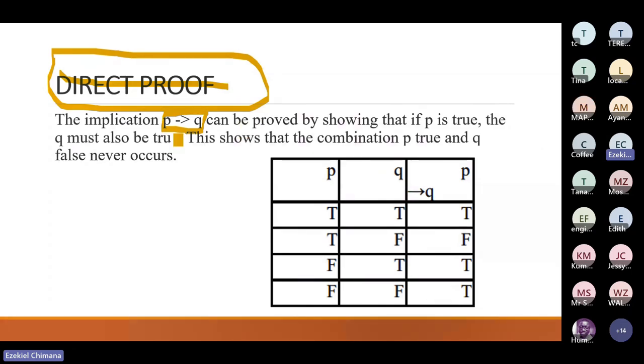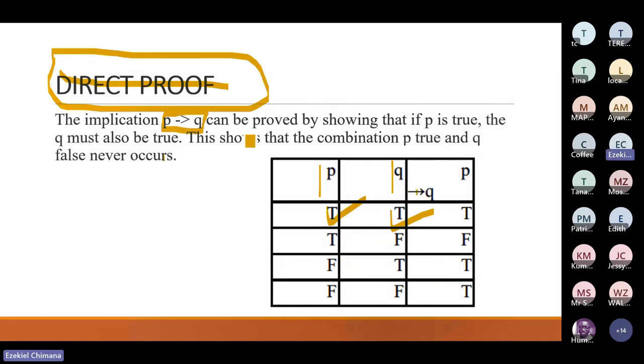So the implication, P implies Q, can be proved by showing that if P is true, then Q must also be true. This shows that the combination of P true and Q false never occurs. So what we are saying here, P implies Q, is that when P is true, Q is always true.